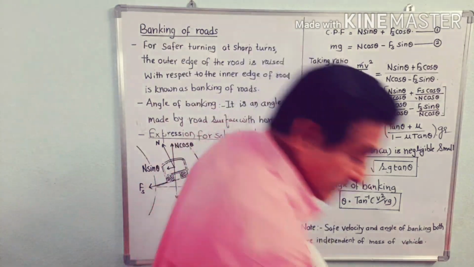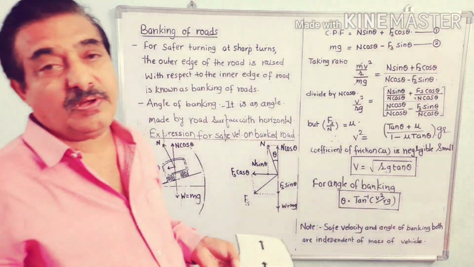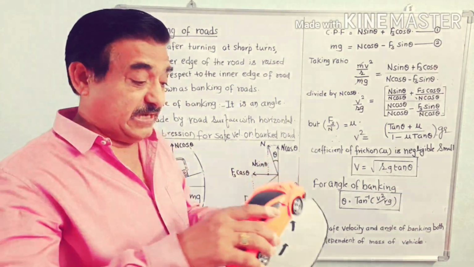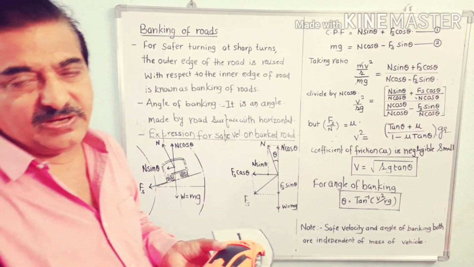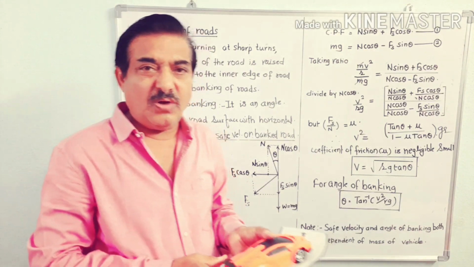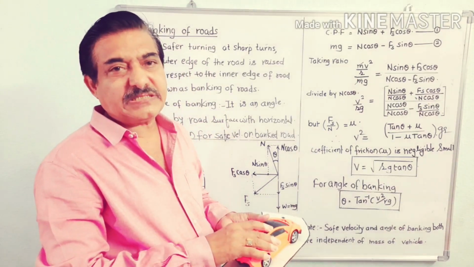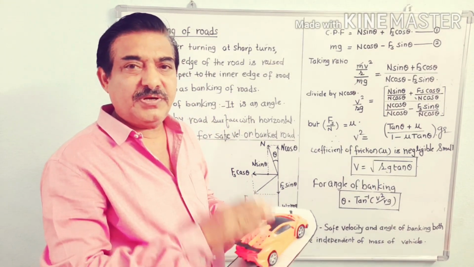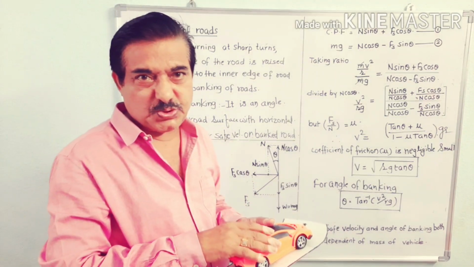So, in the case of banked roads, how are the demerits of unbanked roads eliminated? In the case of unbanked road, accidents may happen due to insufficient centripetal force.